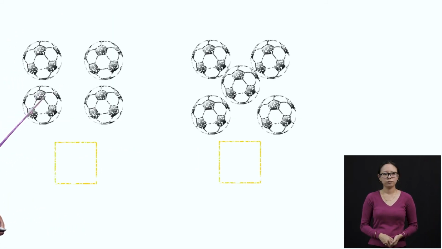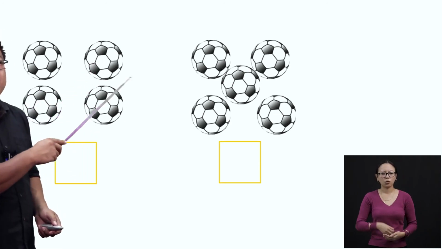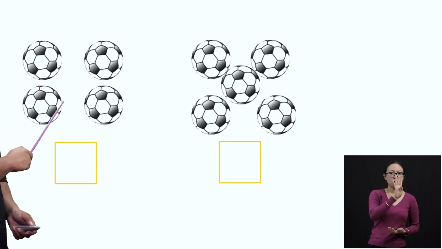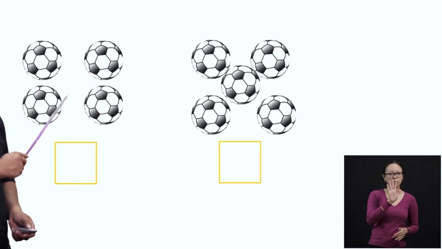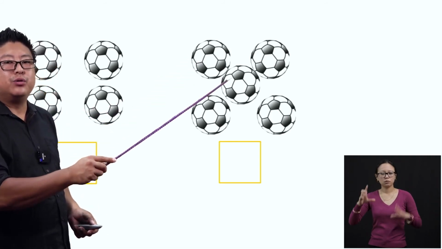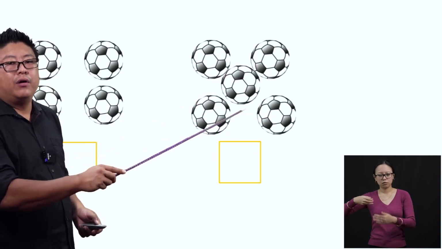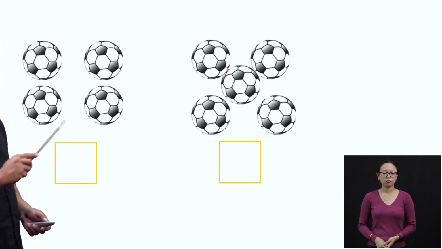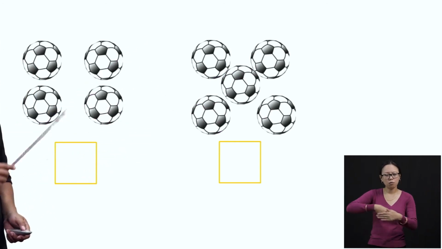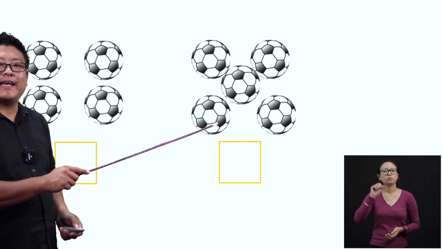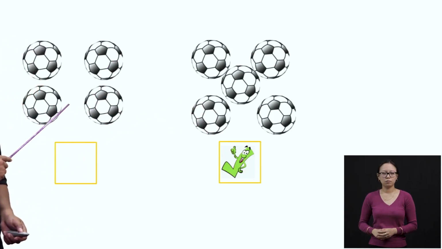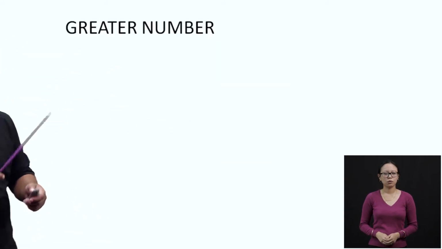In the same way, if you look at these footballs, in the first picture we have 1, 2, 3, 4 balls. And in the second picture, we have 1, 2, 3, 4, 5 footballs. Now, can you guess which picture has more footballs? Yes, the second one has more balls than the first picture. All right. So this is all about comparing with objects.